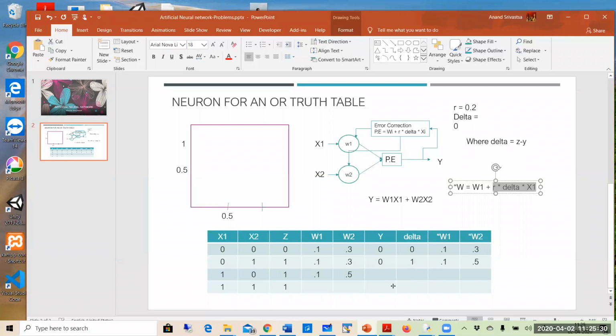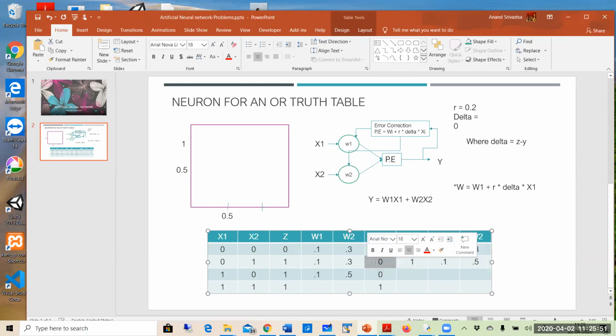The reason is, my desired answer was supposed to be 0, 1, 1, 1, but when I took the weights over here, the first one gave me 0, fine, but the second one is going to give me 0. Here also it is going to be 0. Here it is 1. That means these two outputs, which are supposed to give me 1 and 1, were giving 0 and 0. So for that reason, I'm adjusting.